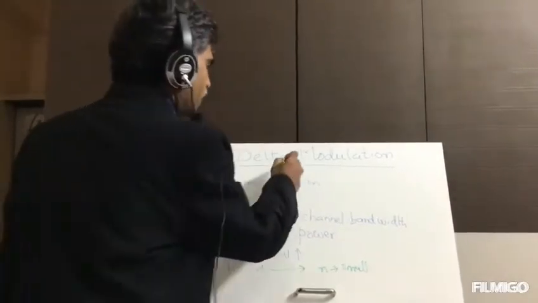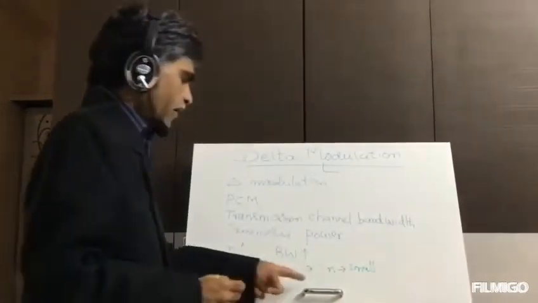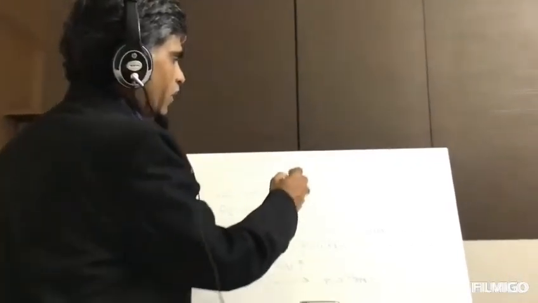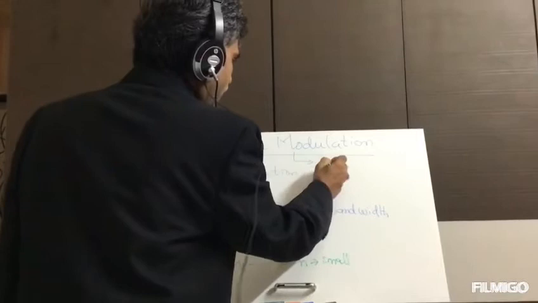In the case of delta modulation, the n, which represents the number of bits utilized to implement the quantization and further coding also, will be 1 only. So, once this n value becomes equal to 1, then we call the quantization as 1 bit quantization.